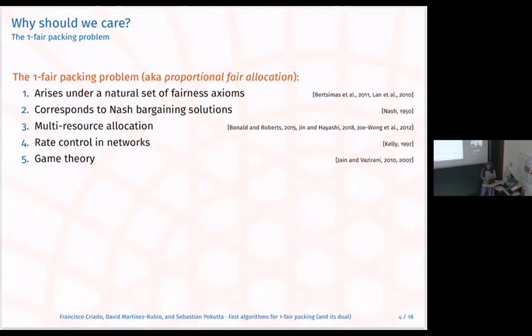People have used it in rate control in networks. That's more of an EE type of application where you have one channel, you have different senders, and you somehow need to spread the spectrum across these different senders. And more generally, there are many applications in game theory where this type of problem naturally occurs. Sometimes people also call this the proportional fair allocation problem. So that's just to give you a bit of context where this problem naturally occurs.